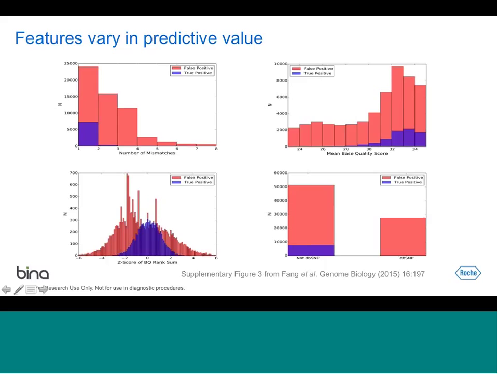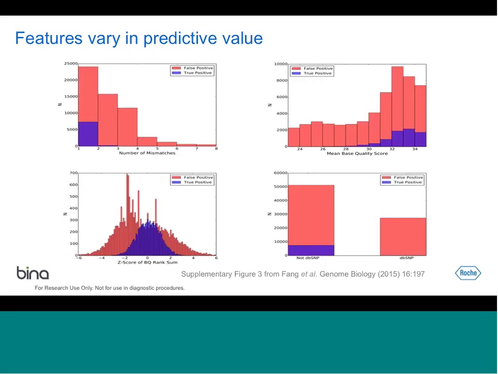dbSNP membership is also an indicator for germline false positives. You do have a few true positives in dbSNP sites, but they are much fewer compared to non-dbSNP sites.